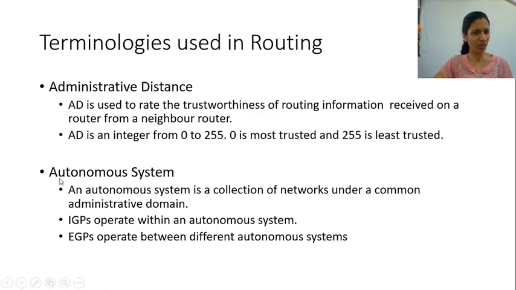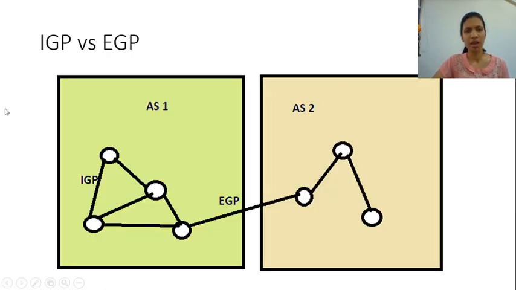Next, we will take a look at something called an autonomous system. Autonomous system is a terminology that you would be hearing many times in the case of networks. An autonomous system is basically a collection of networks under a common administrative domain. Here you can see an example.